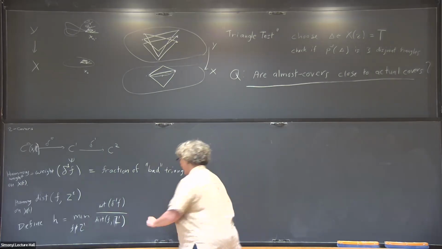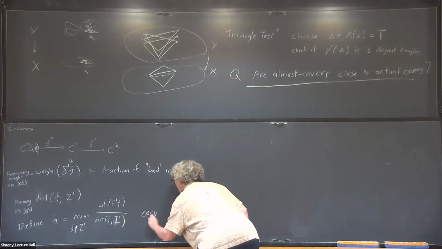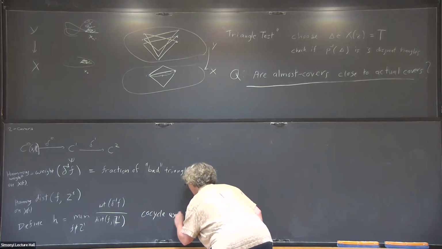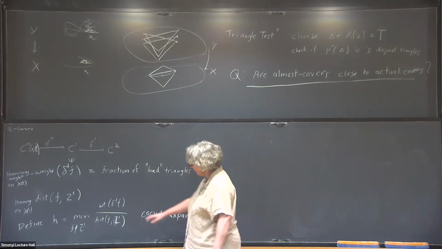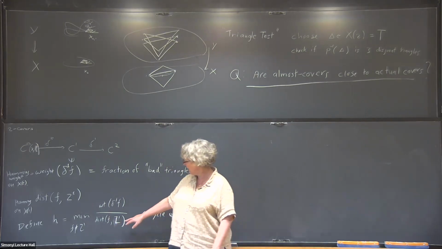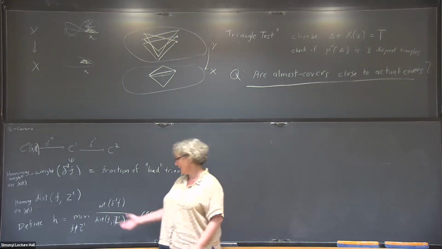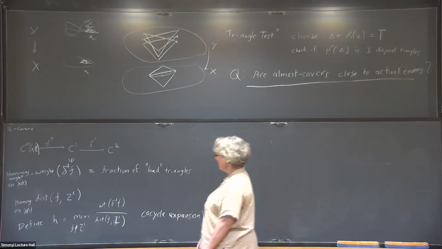So this is cocycle expansion. When Z1 is actually equal to B1, we call it coboundary expansion. But it's the same object.